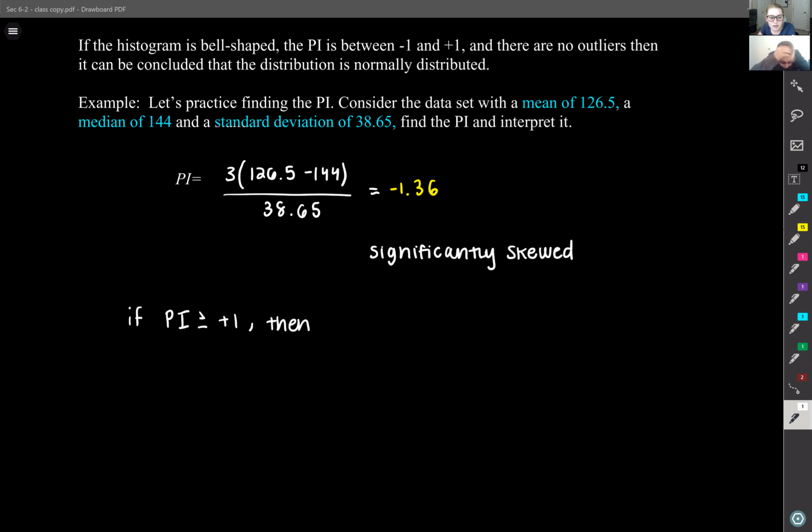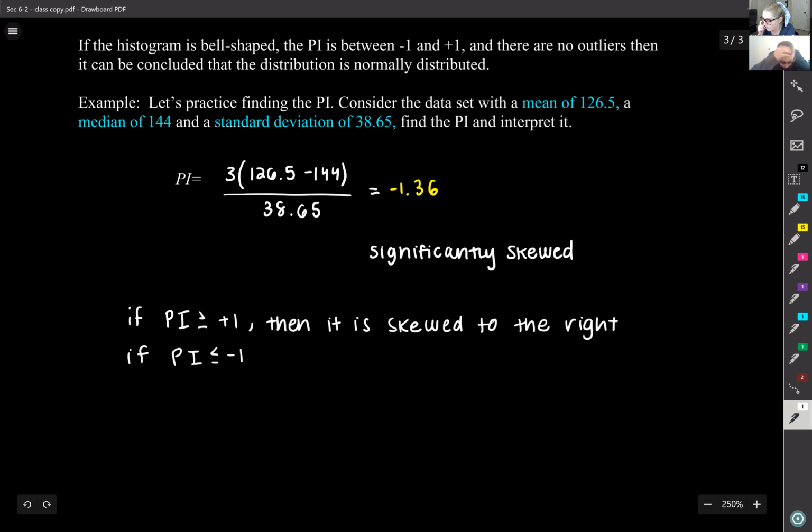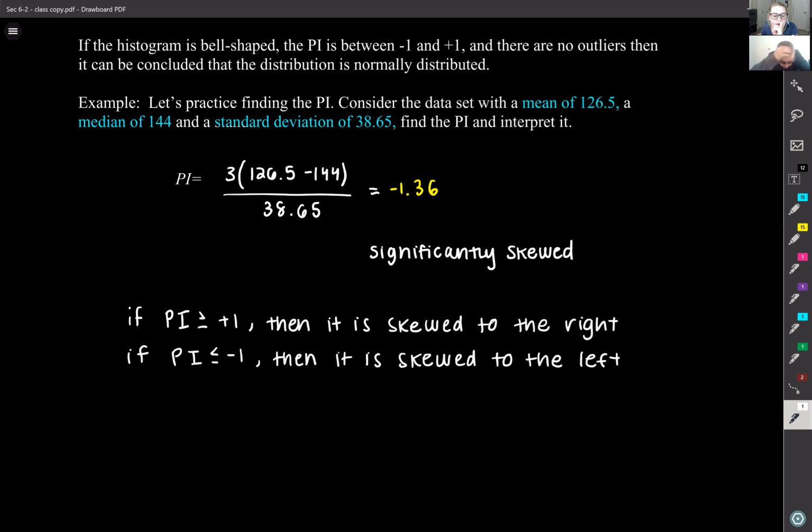If PI is less than or equal to -1, then it is skewed to the left. Let me double check that that's a less than or equal to, just to make sure.